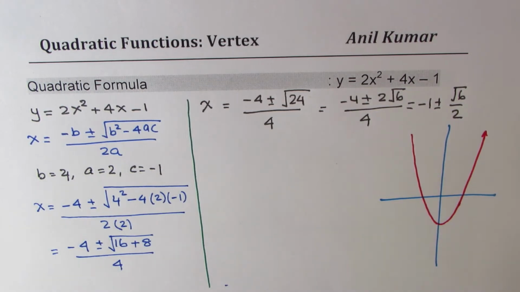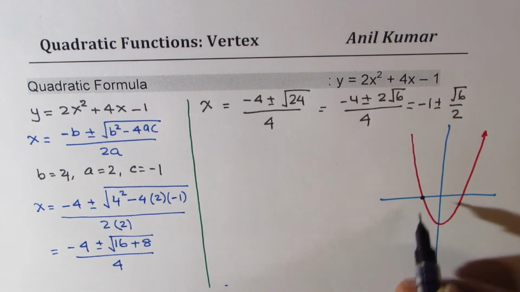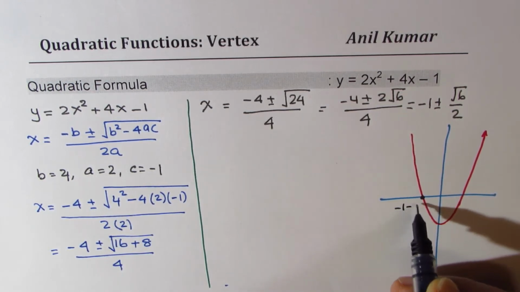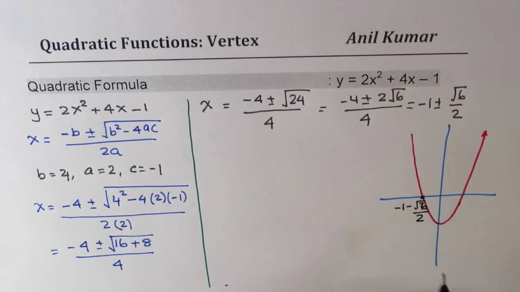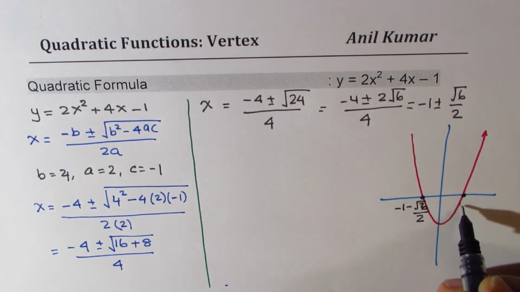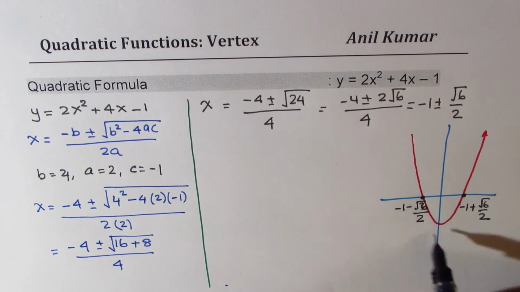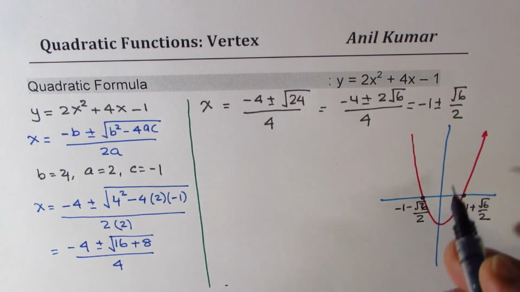So this value here is minus 1 minus square root 6 over 2, and that value is minus 1 plus square root 6 over 2. So the axis is somewhere in between, right? This sketch is not very accurate.